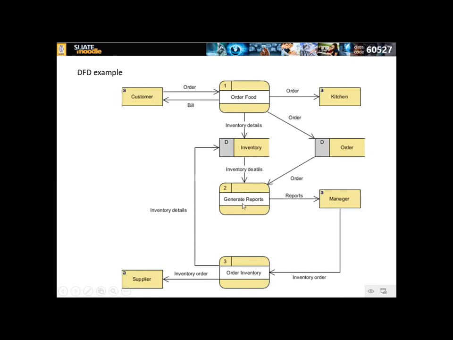Then it is used by the manager. The manager takes these inventory details to another process, which generates reports.